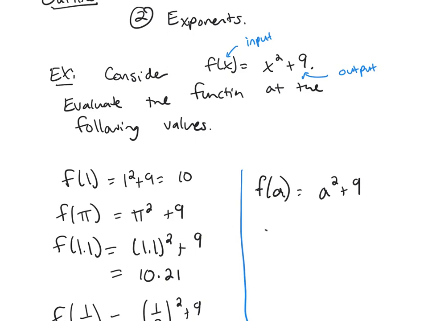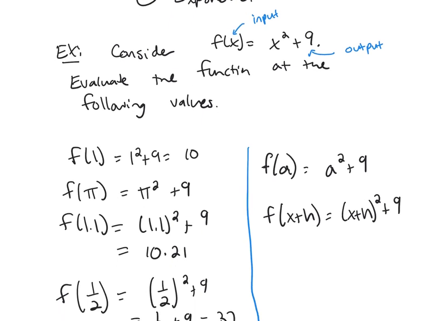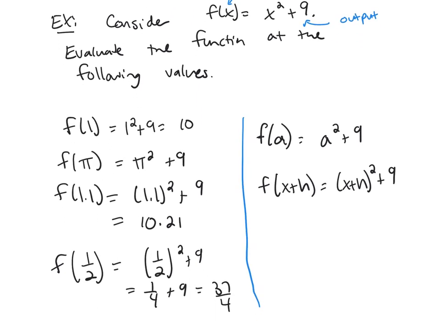We're also going to see later this semester, I need to plug in x plus h in place of x. So everywhere there's an x, you're going to replace it by x plus h squared plus 9. And now, don't forget, for this part right here, you do need to FOIL that out.